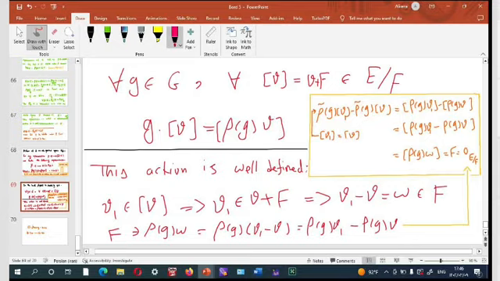So this is a well-defined representation, okay?